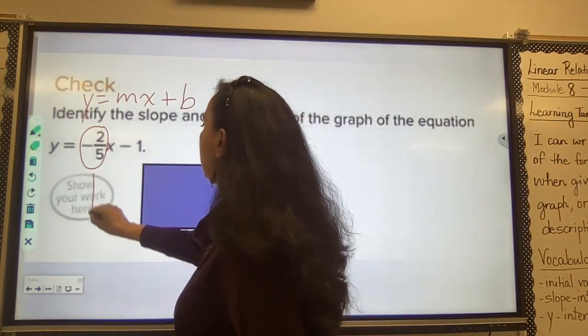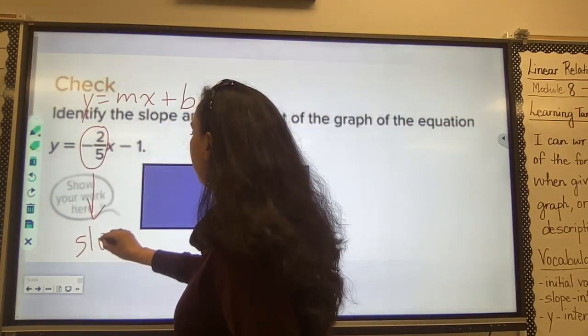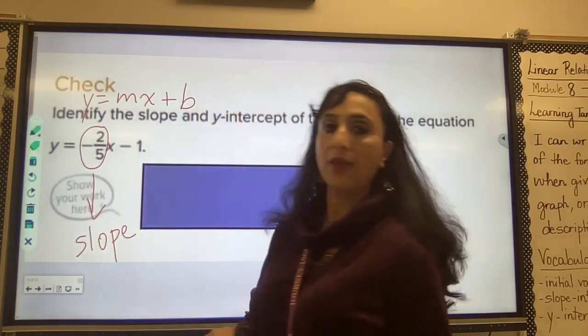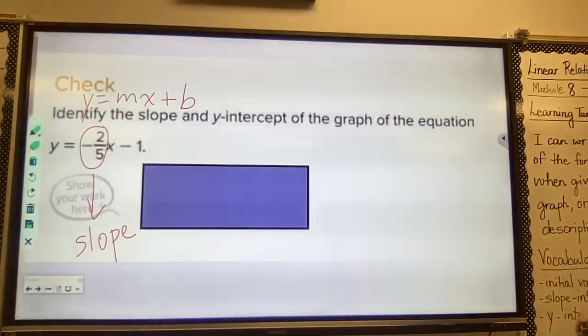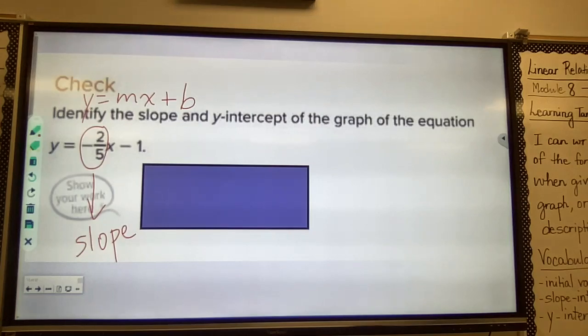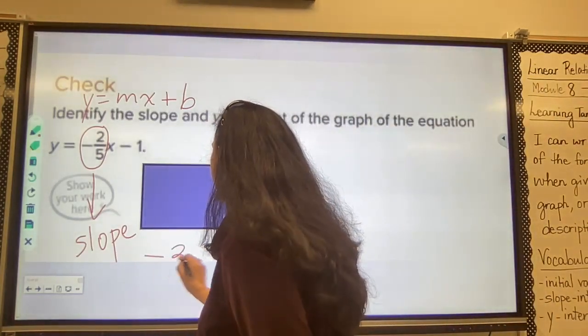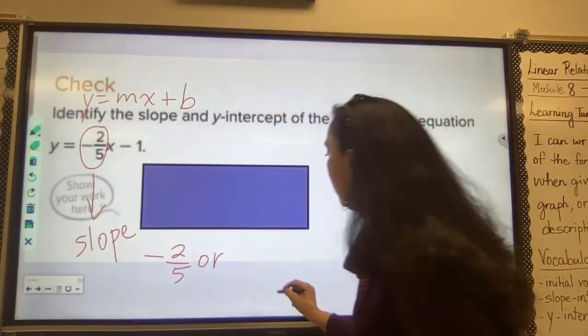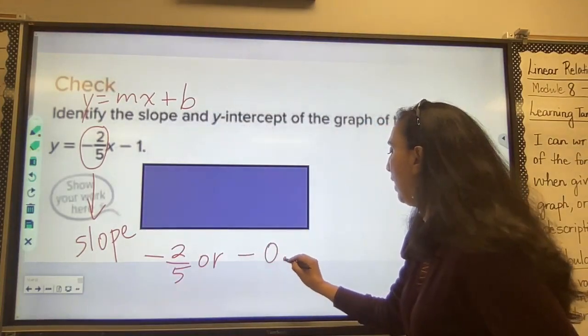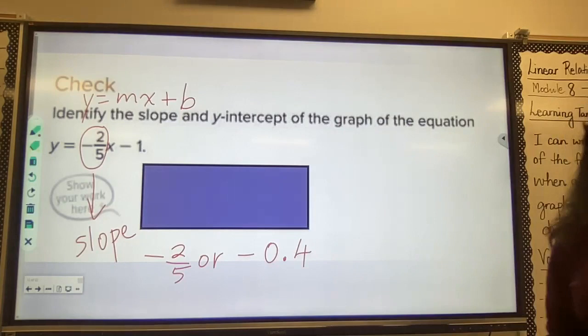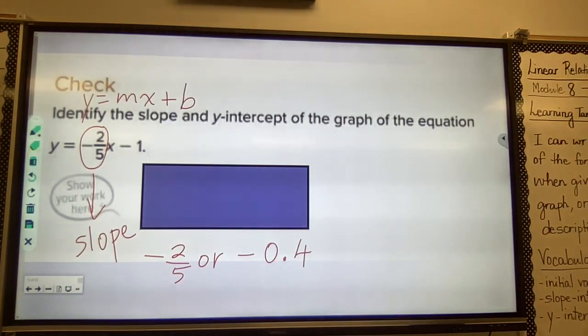This is my slope, right? So my slope is negative 2/5 or negative 4/10. So slope is negative 2/5 or negative 0.4. So that is my slope.